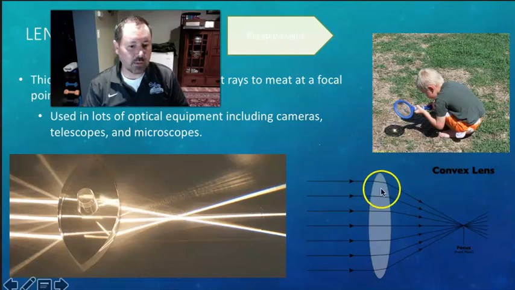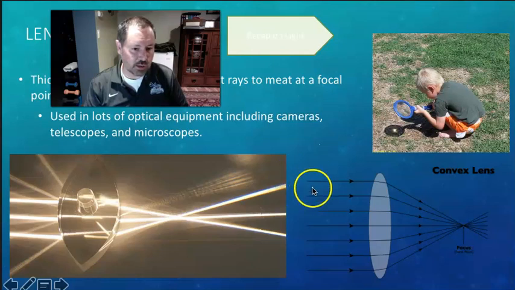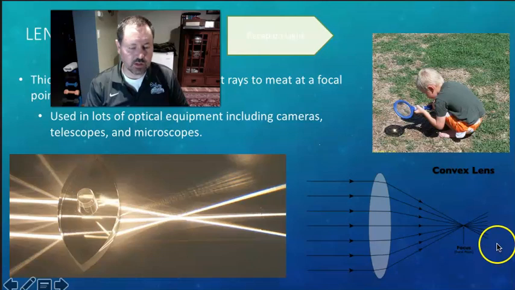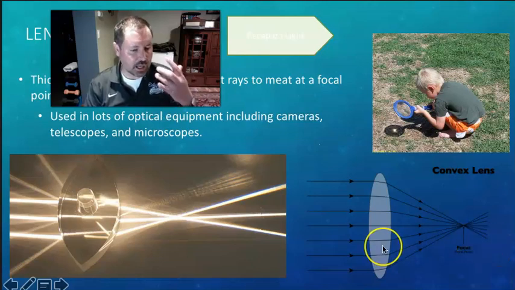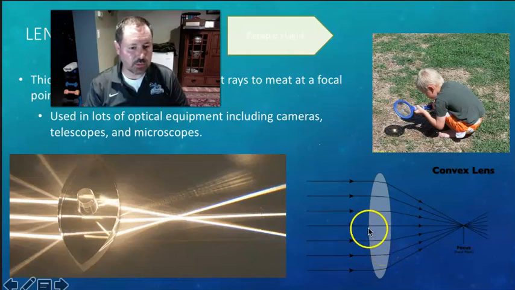So here's kind of a diagram of how that works. Okay? So you see that little diagram here? If I drew a little stick figure on this diagram, here's the head of the stick figure going through the top of the lens down here, and then beyond the focal point, that would be flipped upside down. Right? So everything that you see beyond the focal point in a convex lens is going to be flipped upside down.